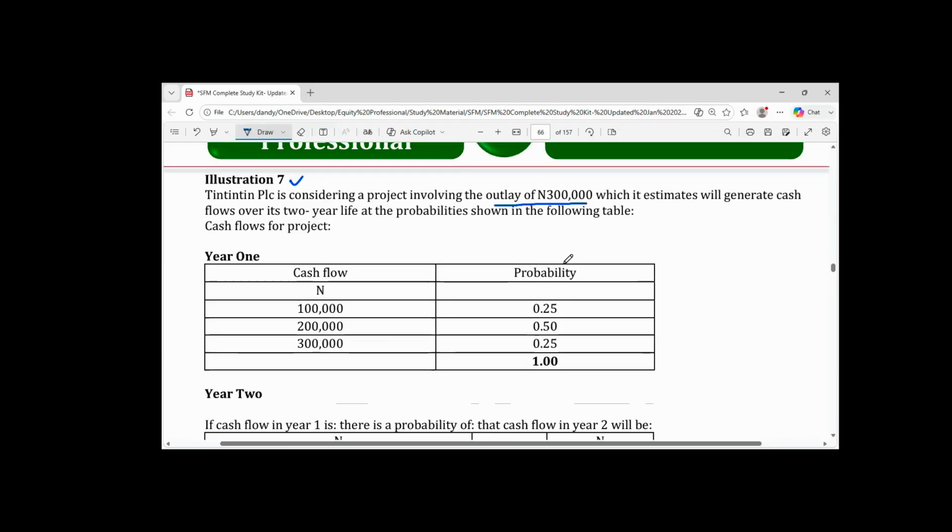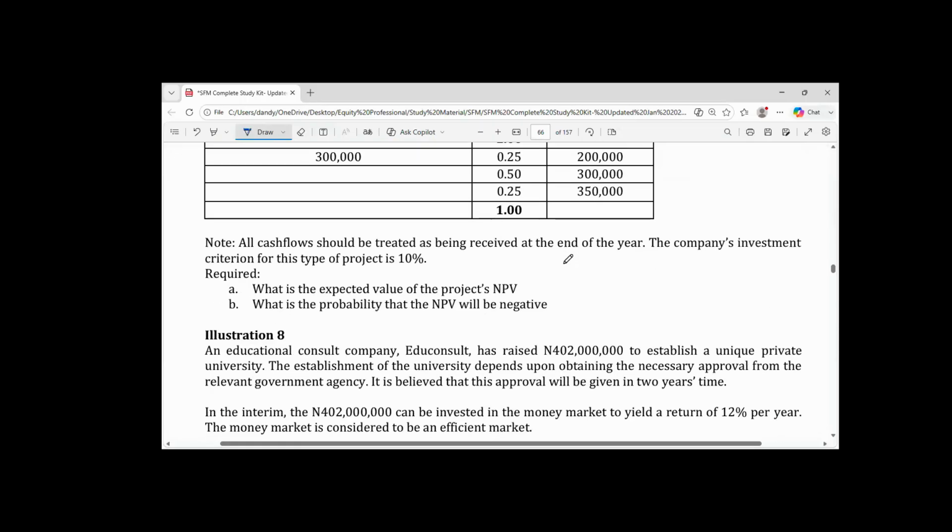Yes, when you look at this question, you will see that we have year 1 and year 2. And year 1 is very straightforward, right? Of course, the examiner is asking us in the requirement to calculate expected NPV. I then need to ask myself, which method am I going to use to calculate the NPV?